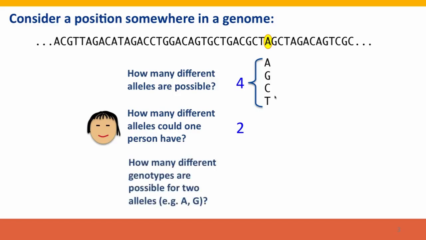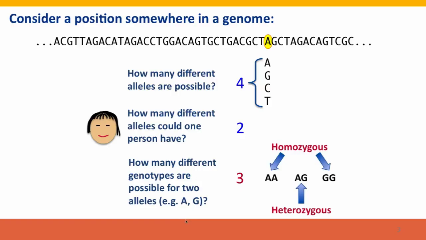Now, how many different genotypes are possible for one person? If we're just considering they can only have 2 alleles, let's just consider the alleles A and G. In fact, there are 3 different genotypes possible for a person at any one position if we're just considering 2 alleles. And I'm now going to introduce 2 new terms which we'll be using quite a lot in the future.